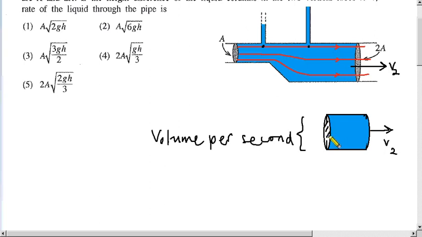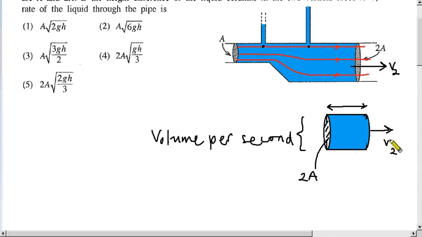What is the cross-sectional area? 2 times capital A, they have given A and 2 times A. So what is the length of this column?